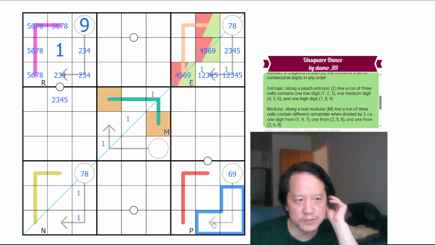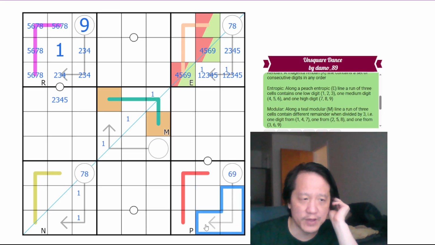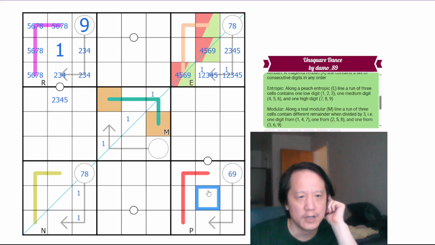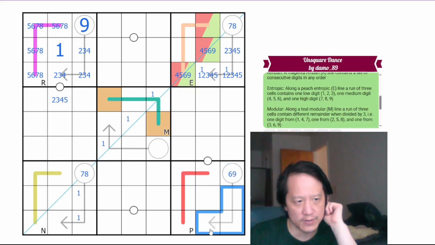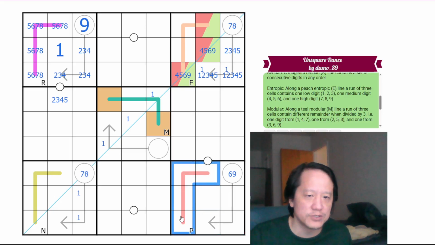That would be 2 odds and 2 evens, so this would be odd. If this is 1, 2, 3, 4, that also works because you'd have 2 odds and 2 evens here, and this would be odd. But we cannot have 9 with 1, 3, 5 here because that's 4 odds already, and then plus the 2 more odds in the box would make that 6 odds, so that's not possible. So this is guaranteed to be odd.